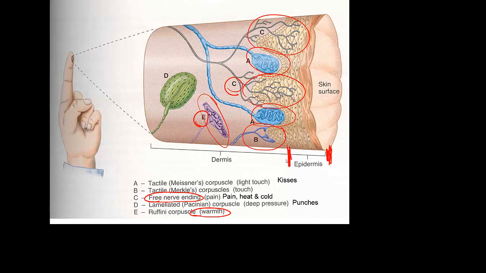So these are light touch sorts of things, tickles and kisses and so on. But when we look down here at this big receptor, D, this is associated more with deep tissue, punches, sorts of things. And these are important because your brain needs to distinguish between whether you're being punched or kissed. This is an important distinction, right? So we have to keep these things in mind when we look at different types of receptors.